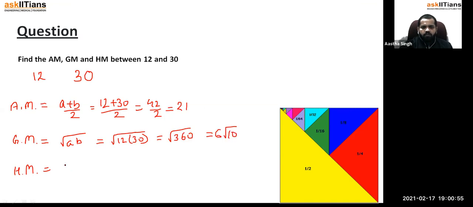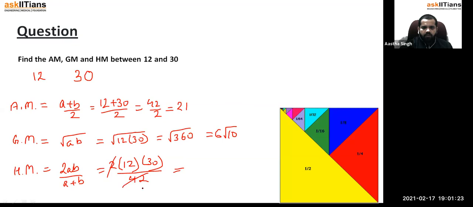Harmonic mean is 2ab upon a plus b, right? So 2 multiplied by a is 12, multiplied by b is 30, and a plus b is 42. Just cancel out 2 with 42, which will cut to 21.